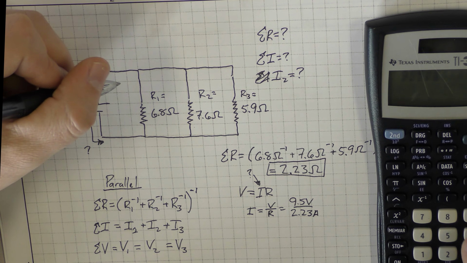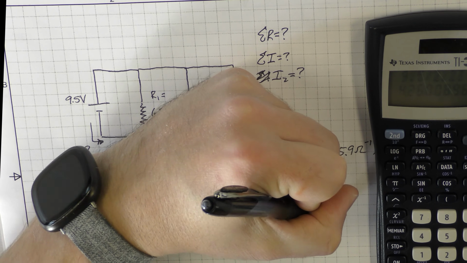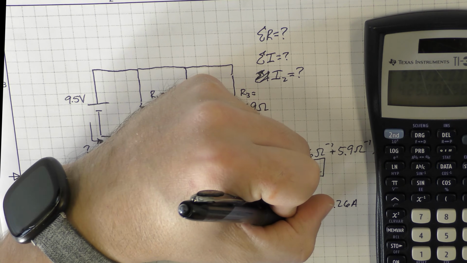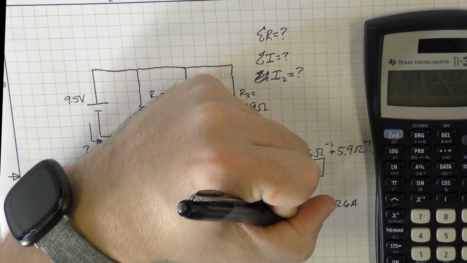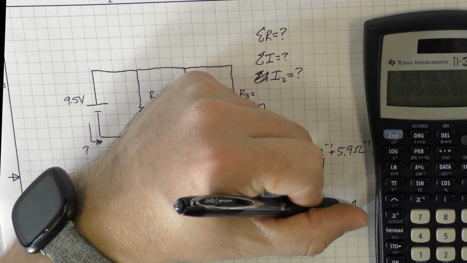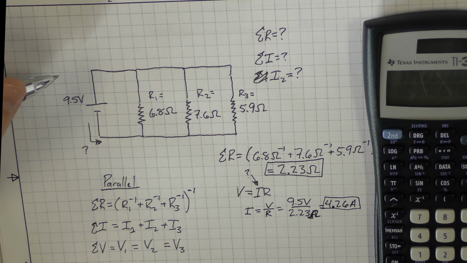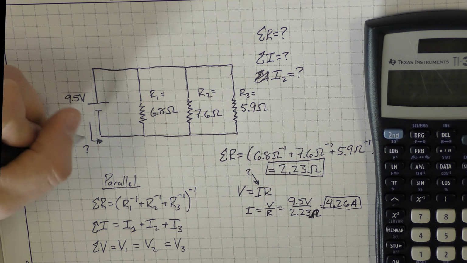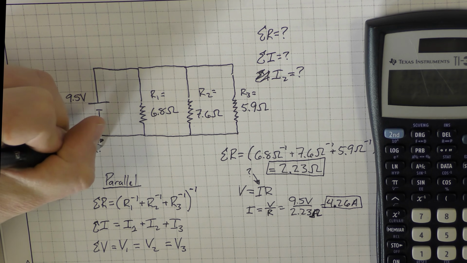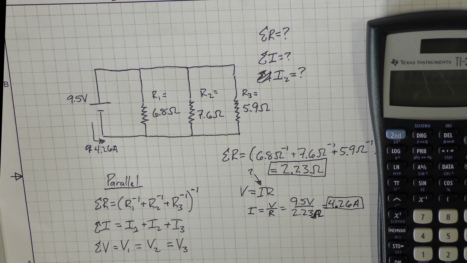So if we plug that in, we get a total current of 4.26 amps. So that's the total current for the entire thing. I'll go ahead and update my diagram over here and write 4.26 amps for the total current.